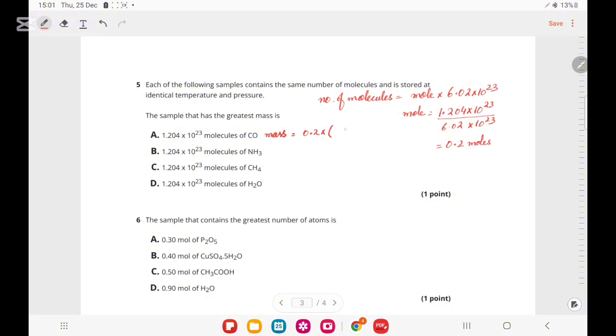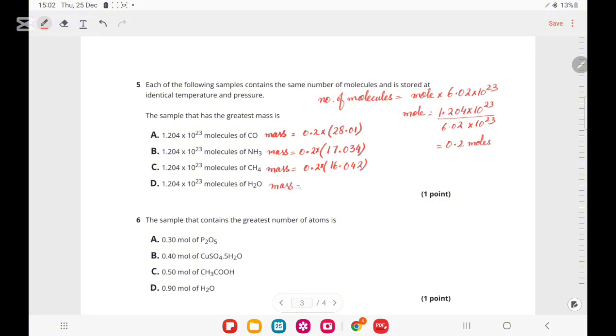So for carbon monoxide, the molar mass is going to be 28.01, and for ammonia, I am going to multiply with the molar mass, which is 17.034. Then we have to find the mass of CH4, so I'm multiplying it with the molar mass of CH4, 16.042.